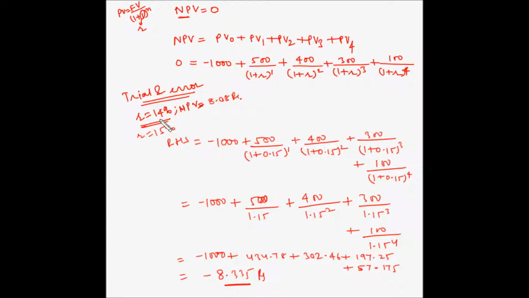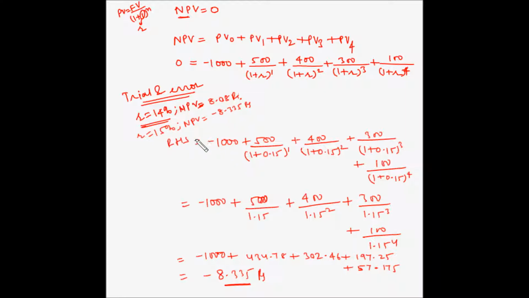So at the rate of return of 14%, NPV is 8.08 rupees, while at the rate of return of 15%, the NPV comes out to be minus 8.335 rupees. So NPV will be 0 somewhere in between 14 and 15%.